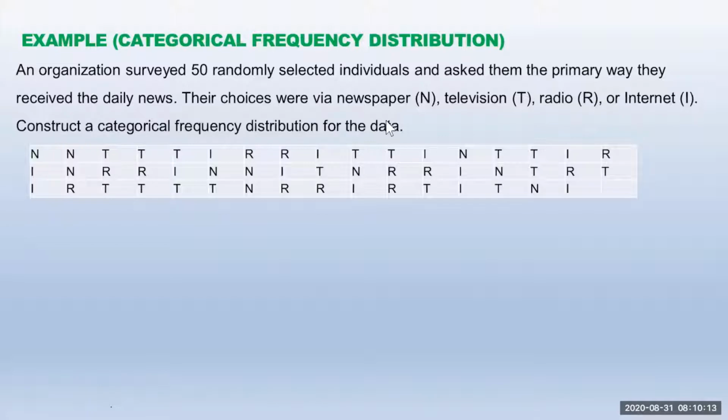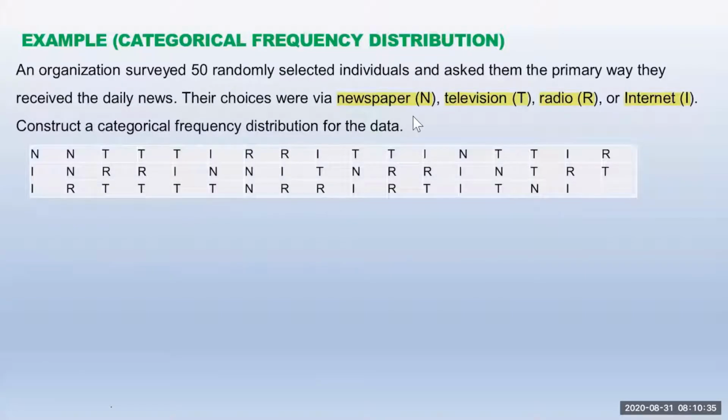Their choices are, there are four ways that they are receiving the news. The first one is via newspaper, denoted by N here in the collection. The second one is television, T, then radio, R, and internet, I. So these are the four different ways of collecting the data.